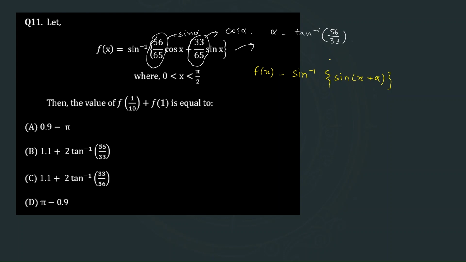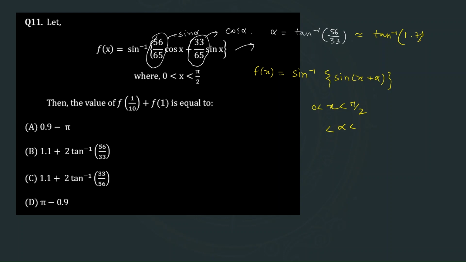Now we have to find a range of alpha because sine inverse sine theta is not always theta. The value of sine inverse sine theta depends upon the quadrant where theta is lying. So x lies between 0 to pi by 2 and alpha we have to find. So we can say that this is nearly equal to tan inverse. If we divide 56 by 33, it is approximately 1.7.